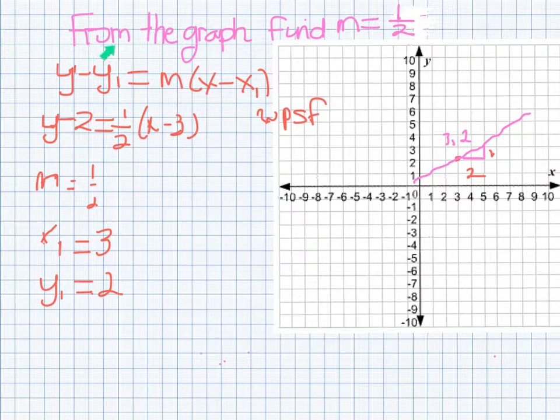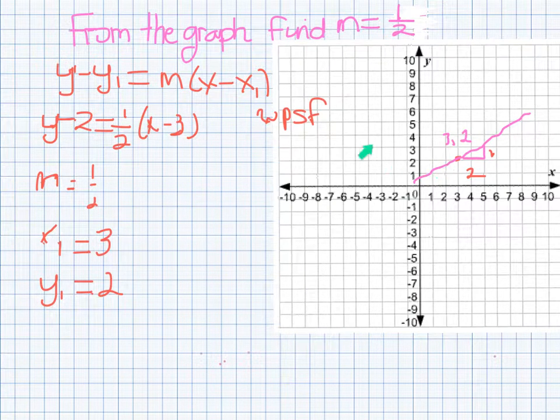So here's another one. From the graph, find m equals 1 over 2. This time we don't have a negative sign. The point it gives us is 3, 2. Our rise and run is 1 over 2. We're going to write it in point-slope form. Again, the equation is y minus y1 equals m times x minus x1.